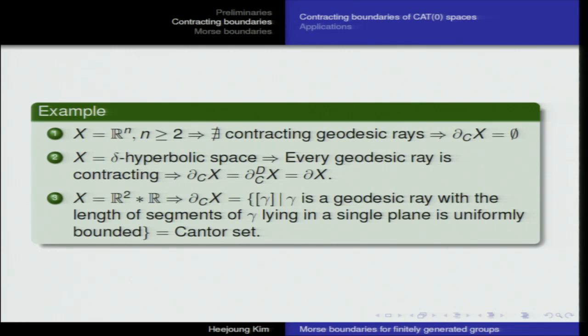So it is a generalization. And lastly, our space is R^2 product R. Now we know this is CAT(0) from Kim's lecture. And we know that in R^2 there are no contracting geodesic rays, but R is a hyperbolic space. So what is the contracting boundary of X?